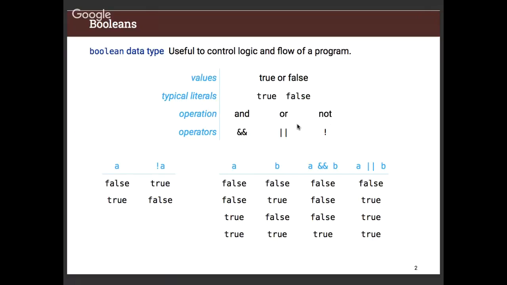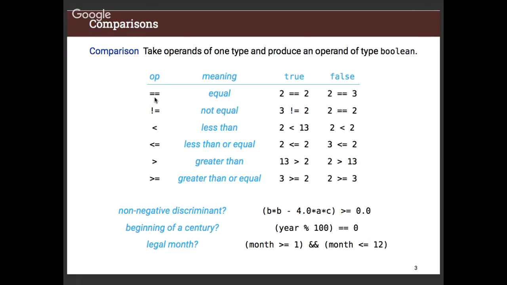I can compare two integers, or two doubles, or maybe even two booleans, and get a boolean result. For example, the equals operator: 2 equals 2 gives a boolean value, true. And 2 equals 3 gives a boolean value, false.